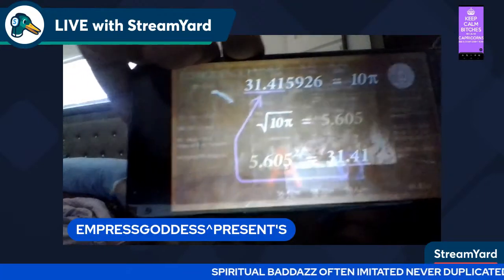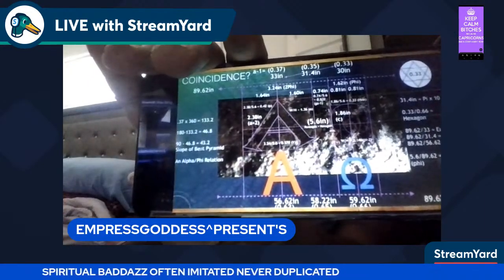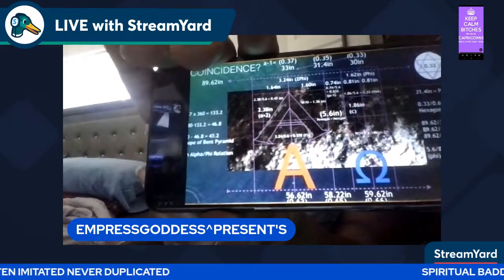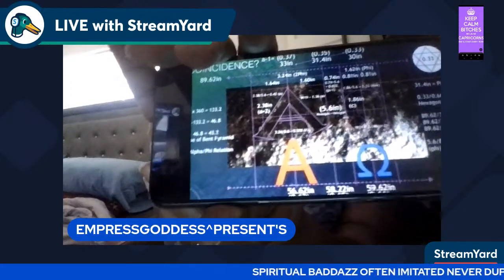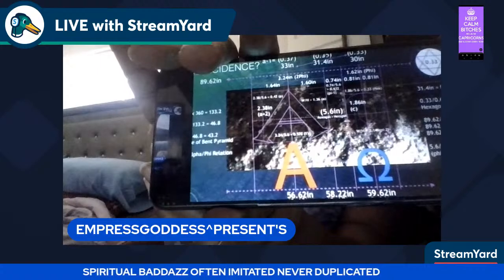Interestingly as well, the serif, or the peak of the letter A, is precisely at the 33rd inch of the 89.62 inch long sarcophagus. I and my colleagues note that is exactly 1 over the Euler number.